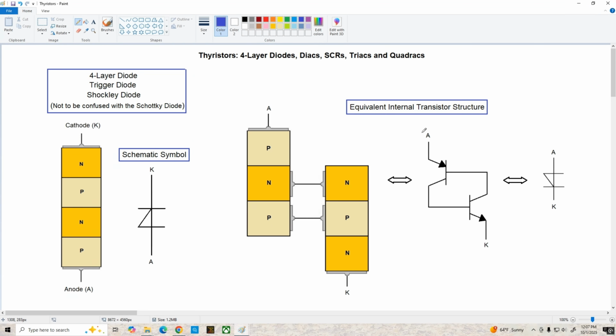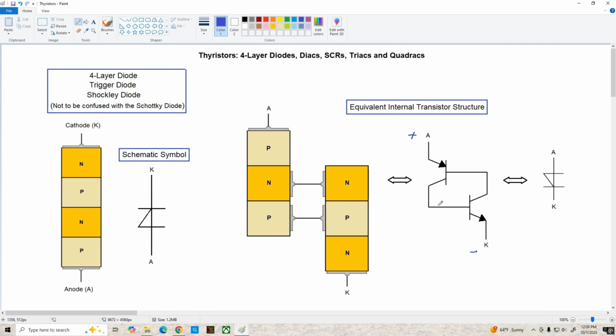So to get it to do something interesting, we're going to make the anode positive with respect to the cathode. There should be no current flow, but we're going to have some leakage, and the leakage current through this PNP transistor acts as a base current to the NPN transistor. The base current gets amplified by a factor of beta and acts as a base current to the PNP transistor.